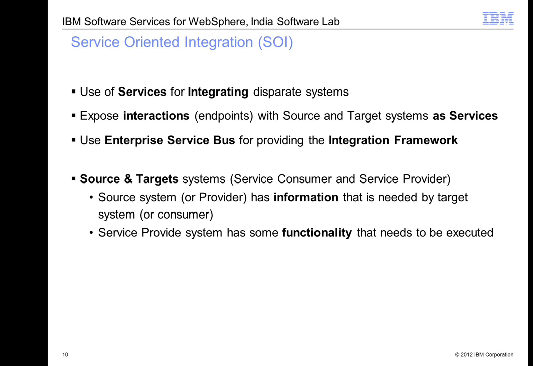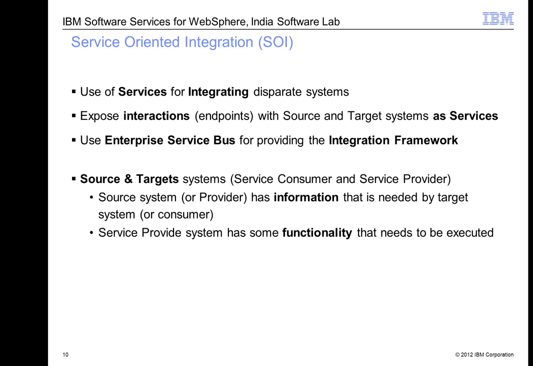Like you saw in the previous slide, the application B was calling the web service exposed by the enterprise service bus. And the enterprise service bus itself is providing all the integration framework, and this framework has a lot of capabilities. Some of the capabilities we have discussed already, and other capabilities we'll see in the upcoming slides.